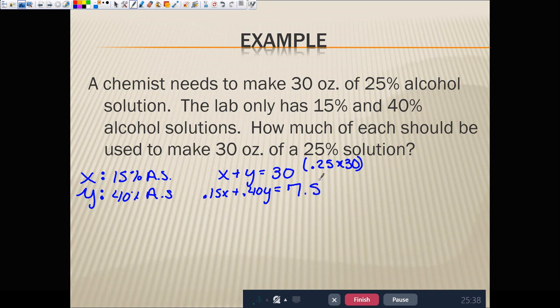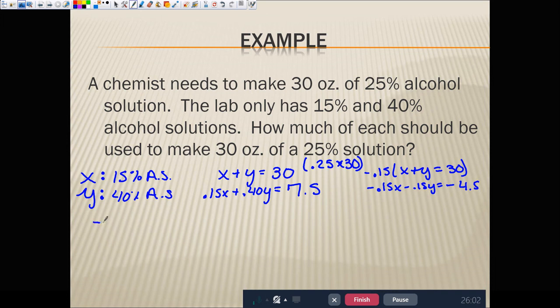So now that I have two equations, I can multiply my top equation by negative 0.15. So we would have negative 0.15x minus 0.15y equals negative 4.5. So I'm going to set up my elimination problem.